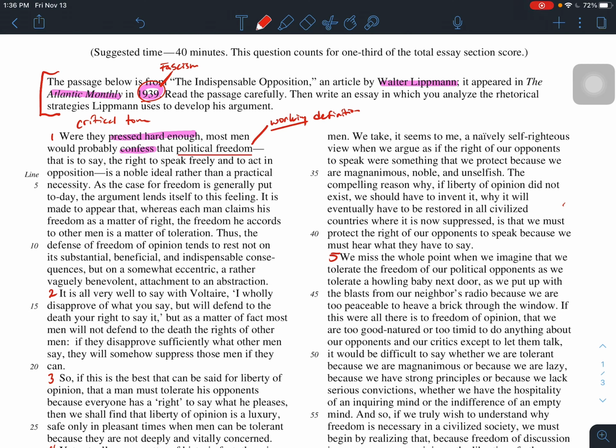His argument then is that, this is the important bit. Each man claims his freedom as a matter of right, but the freedom he accords to other men is a matter of toleration. So the argument then is that this idea that we stand up for the rights of others seems to be a bit hypocritical.